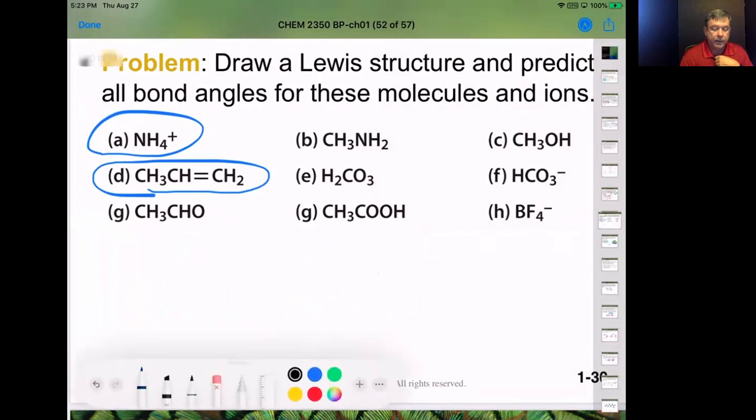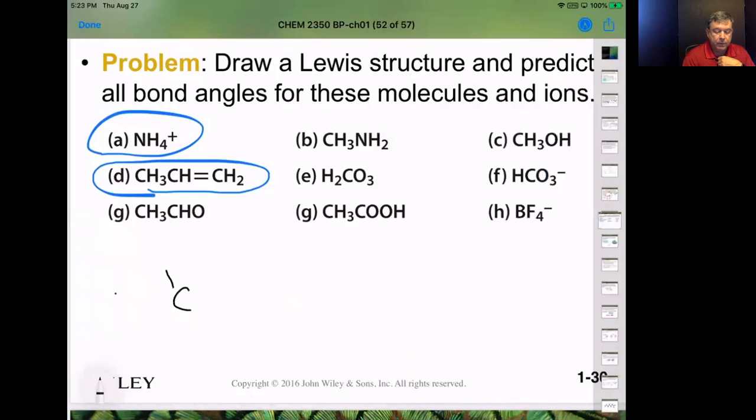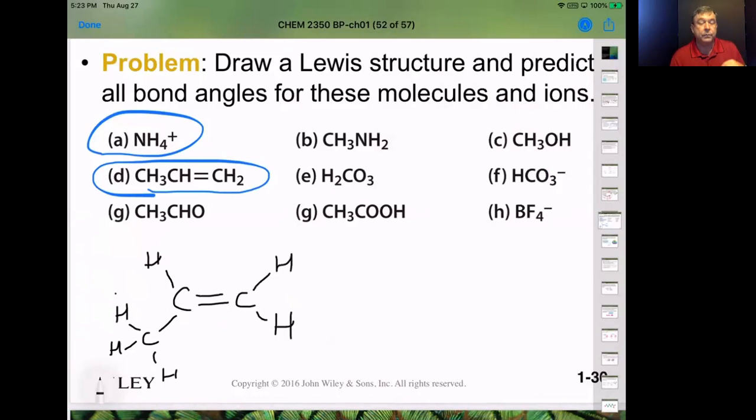We've had a lot of practice with that, so I'm going to do it a little bit fast. So we have a carbon with a hydrogen on it and a carbon with 3 hydrogens on it. And then a double bond, and then a hydrogen here and a hydrogen here. So right away we have 2 different molecular geometries around the different carbons.